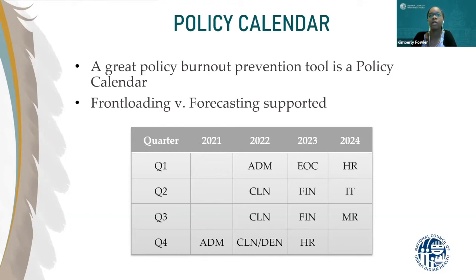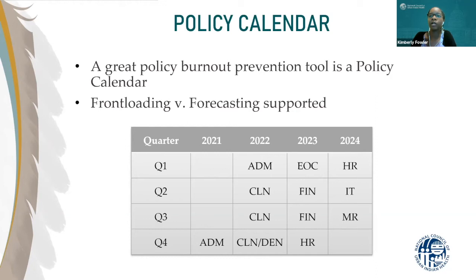Listed here are the quarters and years over time. Using that nomenclature we described earlier, you can see your finance team actually doesn't have any policies to review until the second and third quarter of 2023. So in essence, they have a little bit of a break, if you will.